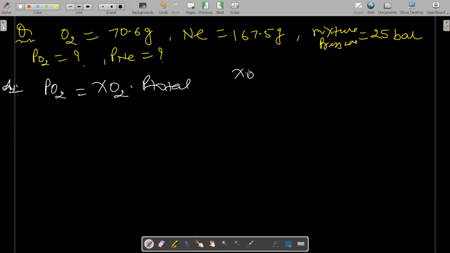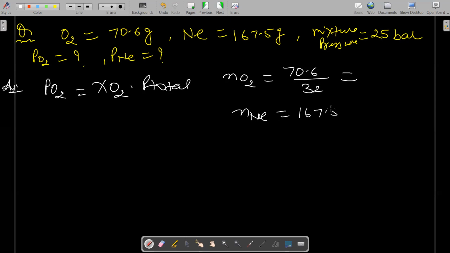So now you have to calculate first the number of moles of each gas and then the mole fraction. Correct. So what is the number of moles of oxygen? That is 70.6 upon 32. The number of moles of neon is 167.5 upon 20.